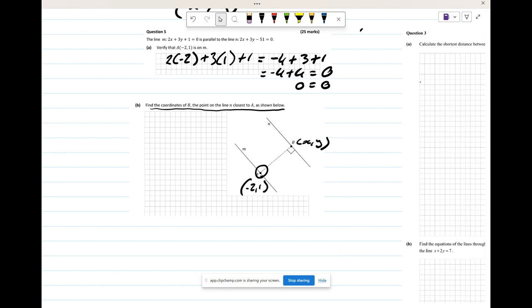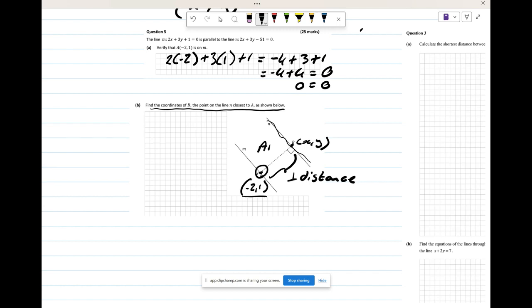That means it's perpendicular. So alarm bells should be going off in your head. This is the perpendicular distance. So if we can find the perpendicular distance from this point to the line N, then we can find the distance between B and A, and let them equal each other.